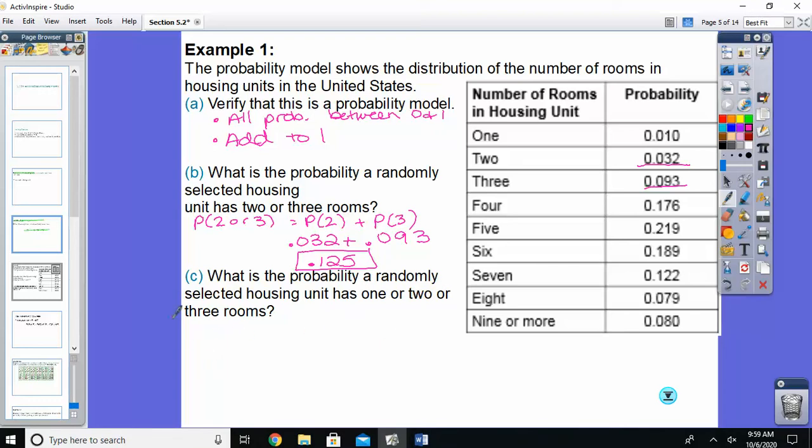So C, what's the probability of having 1 or 2 or 3? What do you think I need to do?